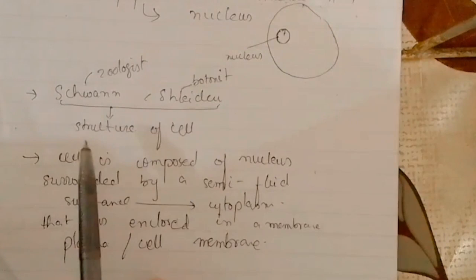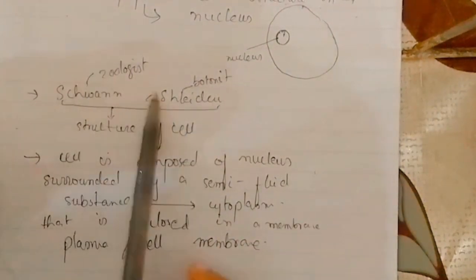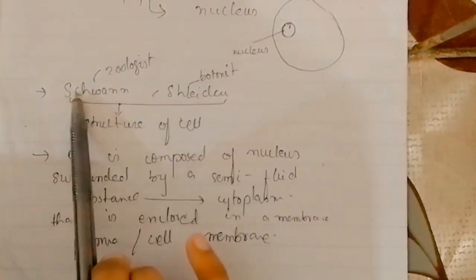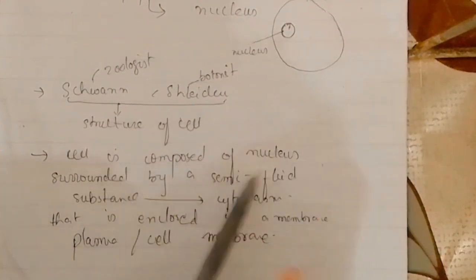Let me explain it now. Schwann was a zoologist and Schleiden was a botanist. They both defined the structure of the cell. Schwann said that the cell is composed of a nucleus that is surrounded by a semi-fluid substance.